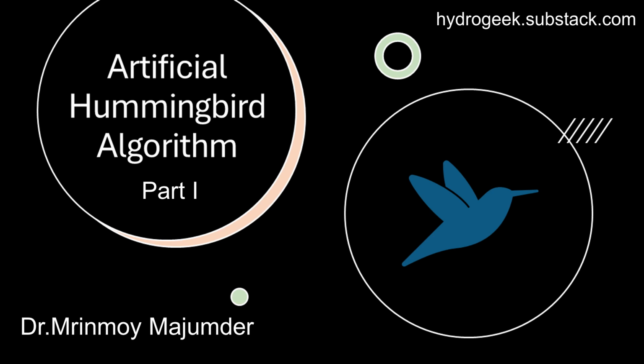Third is migratory foraging, when it finds that within the neighborhood, none of the plants has a good flower with a good nectar refilling rate. Then it quits that entire region and moves to another region far away. That is known as migratory foraging. Suppose in one location there are 10 plants with 10 flowers each. So it has drunk nectar from all the 100 flowers.